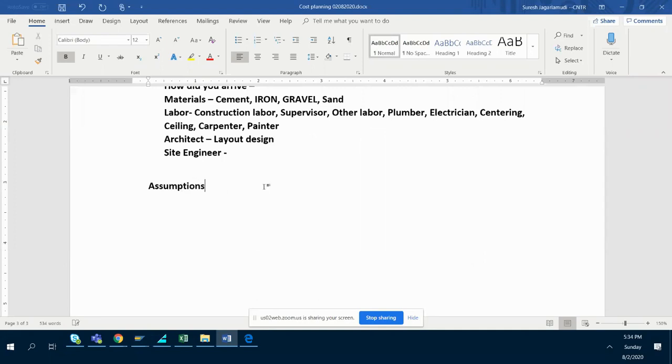Based on these assumptions, you have to list down the assumptions. Every project makes a cost estimate based on some assumptions.